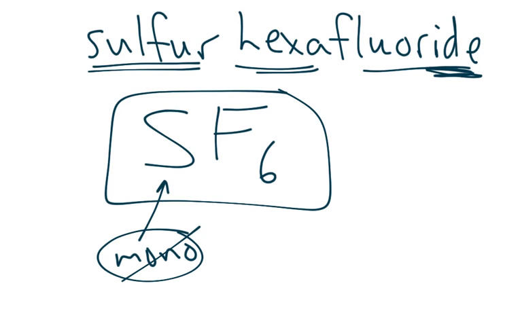You would not call it monosulfur hexafluoride. If the second one has 1, that's when you do use mono, as we saw earlier with water. This one is dihydrogen, and it's dihydrogen monoxide. Here you would have to use the prefix mono. So keep that in mind so that you don't confuse the two systems. Ionic compounds will never, ever use prefixes. Only covalent ones will.